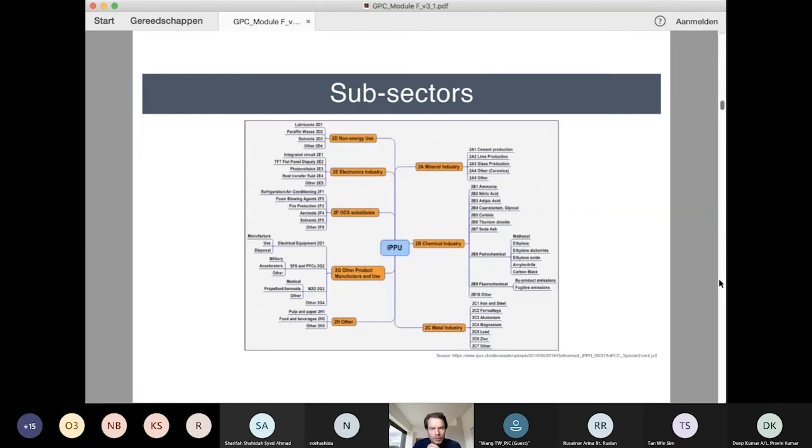And here's a useful table. You've got this in your notes, which shows the breakdown of IPPU between the product uses on the left and the industrial processes on the right, and it gives you the further breakdown of all these sectors. Now, for national inventory compilers, this is a very big sector, and a lot of time is spent estimating emissions from these sectors because it's difficult and there's a lot going on and you need lots of data.